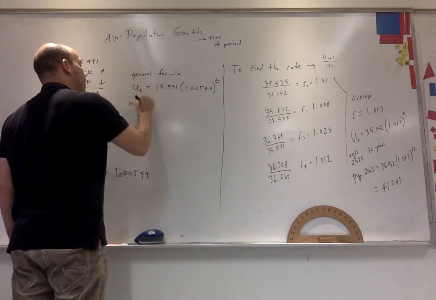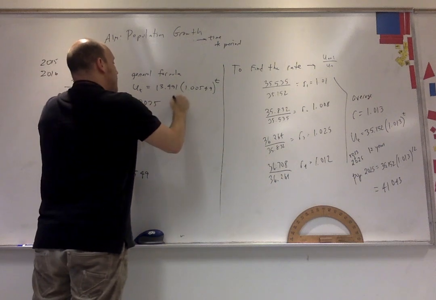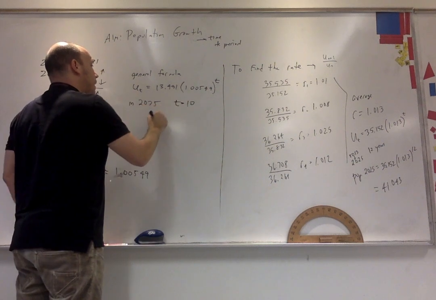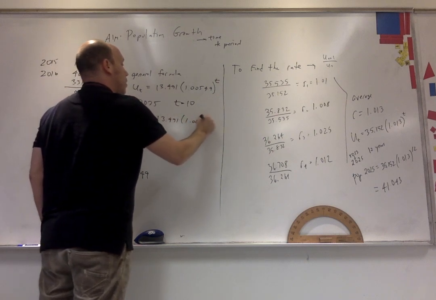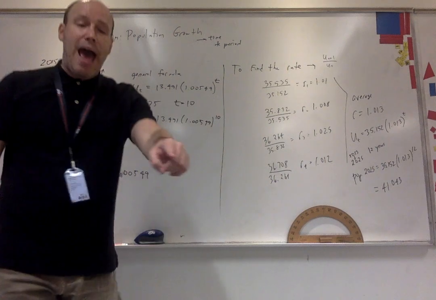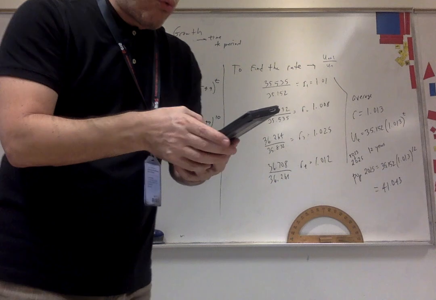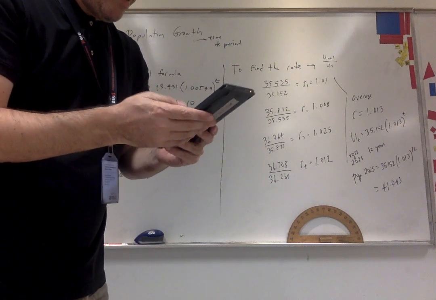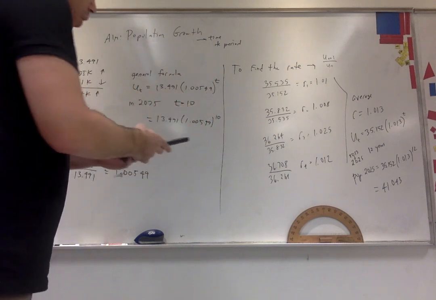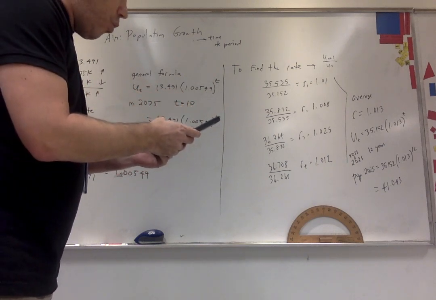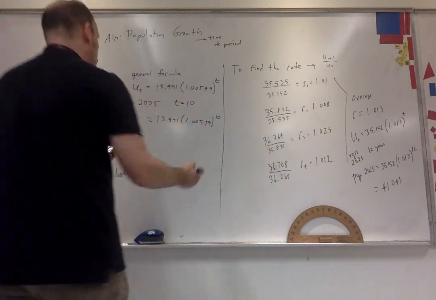If we started in 2015 and went to 2025, we know that t is 10. I have this number in my calculator, so I can take that answer, raise it to the 10th power, and then multiply that by 13.491, and I get an answer of 14.2495.